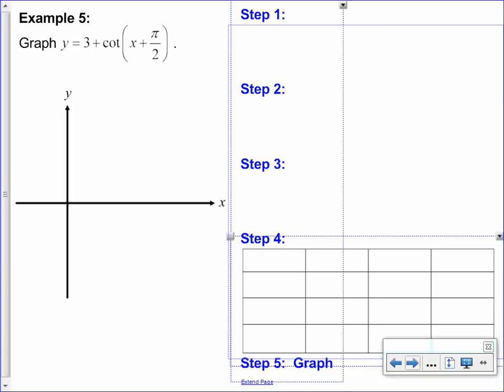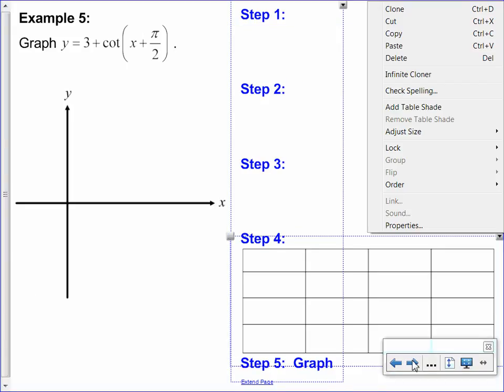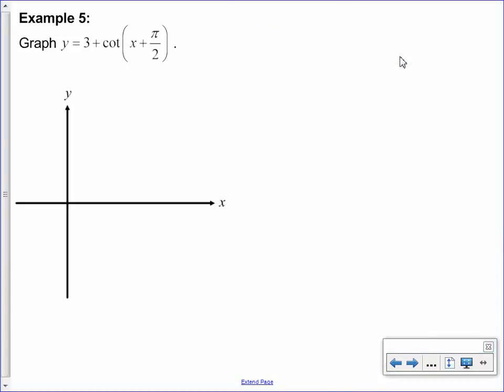I feel like you're ready for a challenge. This is easy. Here we go. x plus pi over 2. We're doing cotangent. 0 to pi.